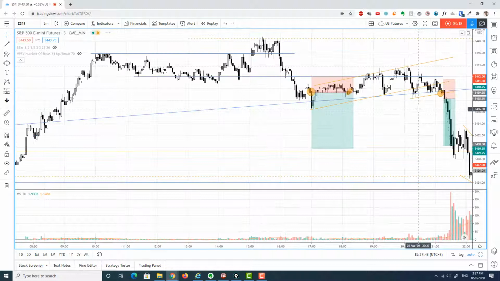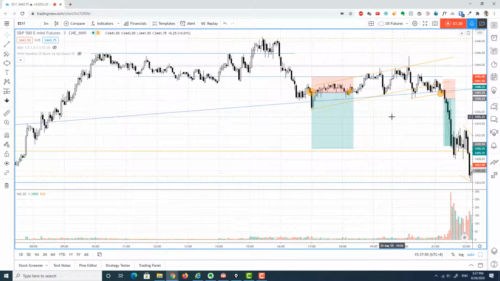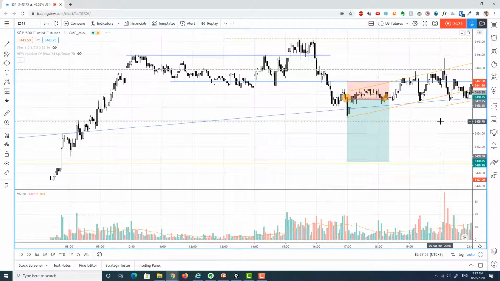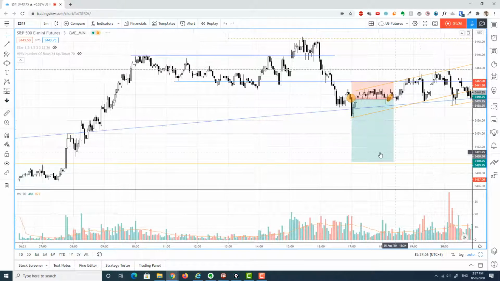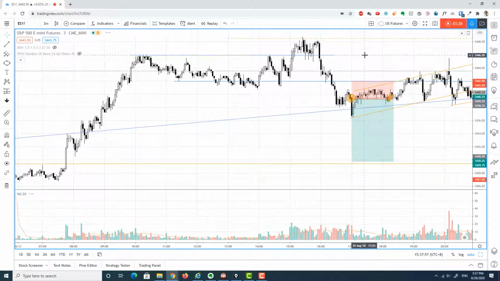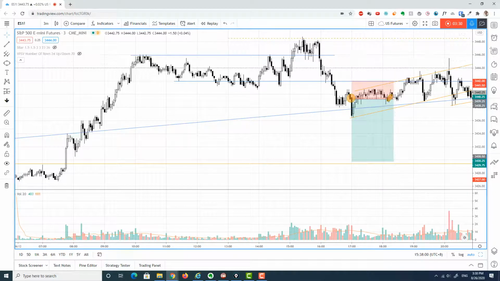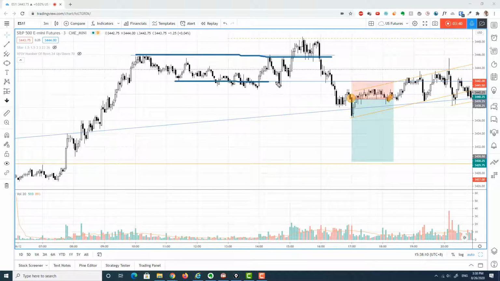As you can see in this 3 minutes chart, I have already marked this up. The first entry, or the first trade, was during the London session, just right after I finished recording my video yesterday, where I talked about a potential short scenario after the breakdown of this 3 minutes trading range.